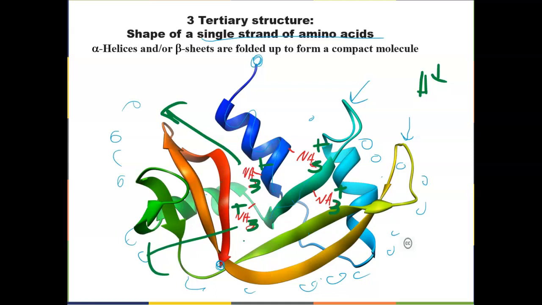So this is why if you put proteins into solutions that are the wrong pH, it changes the charge distribution on the acidic and basic amino acid side groups, and then can turn hydrophobic amino acids hydrophilic, and it can turn hydrophilic amino acids hydrophobic, and then the protein just unfolds.